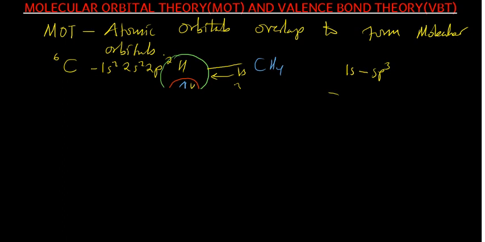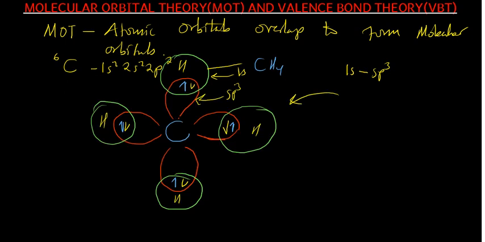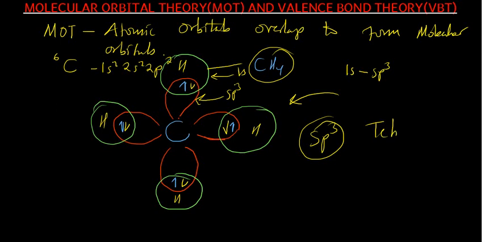Now the one I was talking about is sp3 hybridization. In this case, with methane, if they ask for the molecular geometry, the molecular geometry for methane is tetrahedral. So sp3 hybridization gives us a tetrahedral shape. We have a carbon, a hydrogen, a hydrogen, another hydrogen, and another hydrogen.